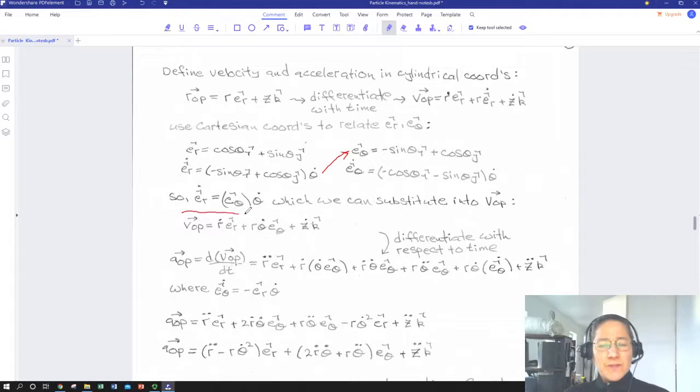Now I can plop that in and I have a full expression for velocity in cylindrical. So I can express the velocity of that point P that's wandering around in terms of r, theta, z and scalar expressions for r and time derivatives of theta and z. So r hat, theta hat, z hat with some scalars multiplying them.